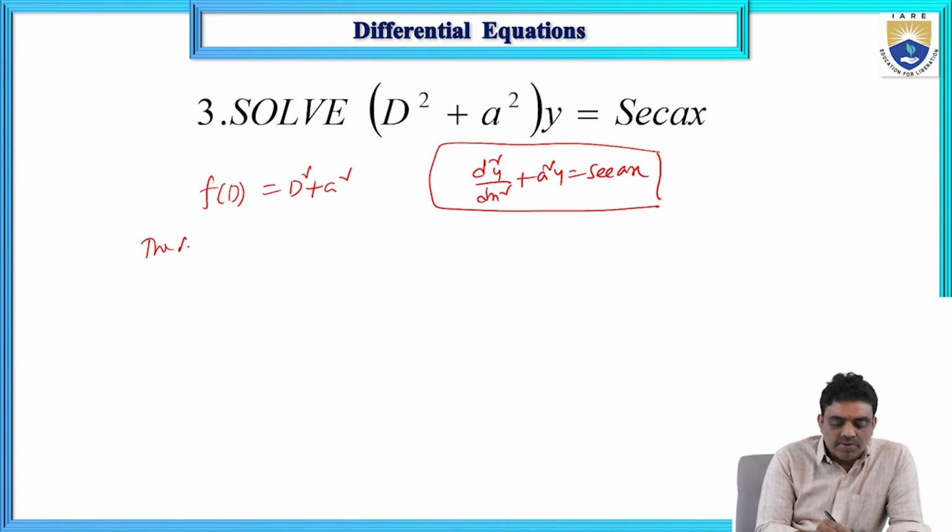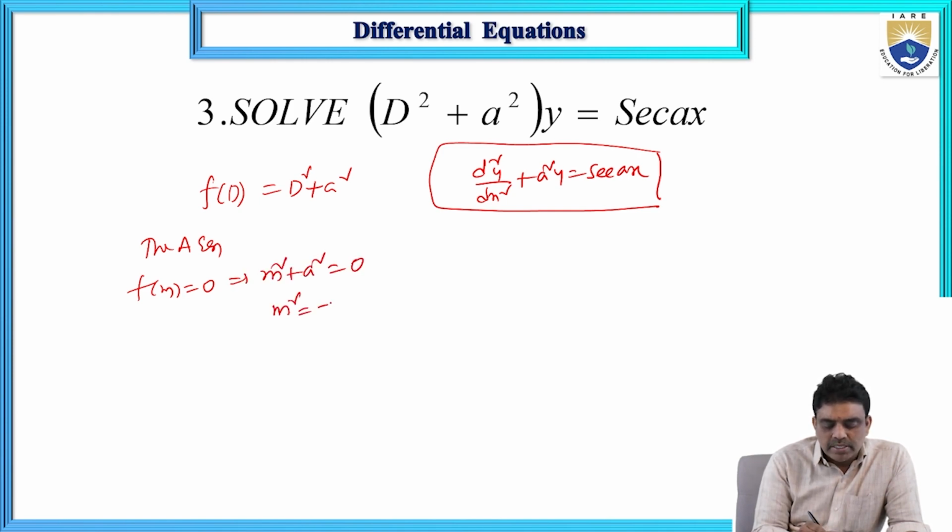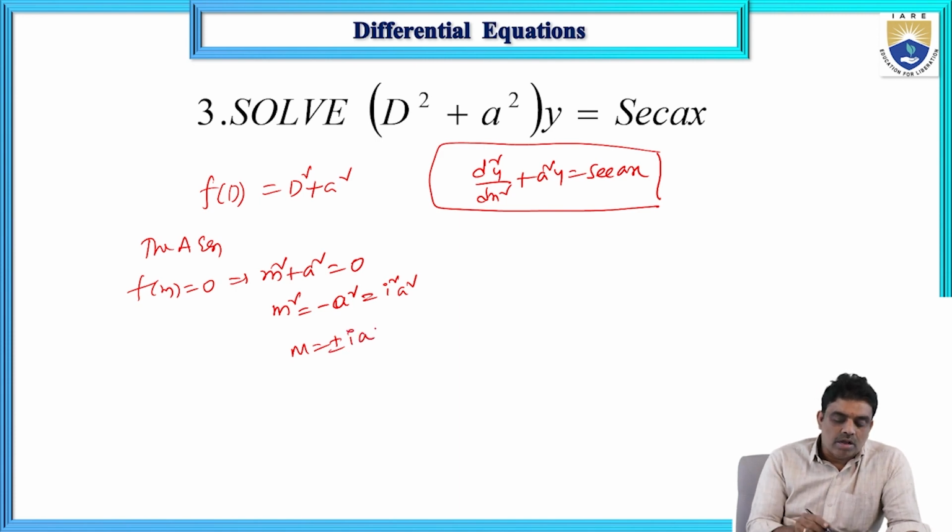So what is the auxiliary equation? f of m is equal to 0, that is m square plus a square is equal to 0. So m square is equal to minus a square, or i square a square. So m is equal to plus or minus ia. So the roots are complex roots.